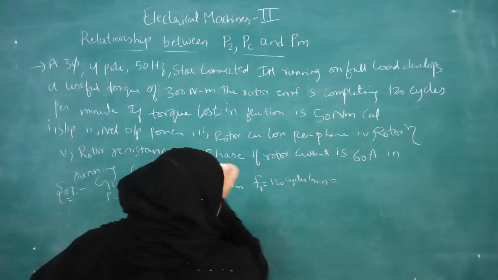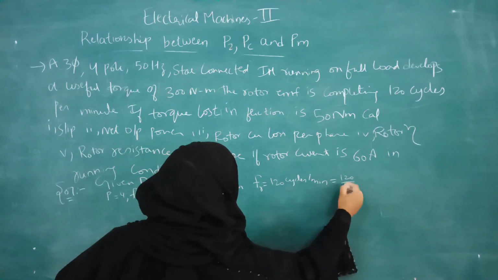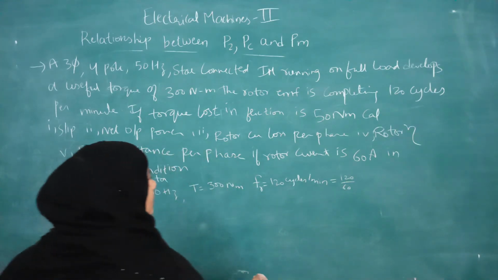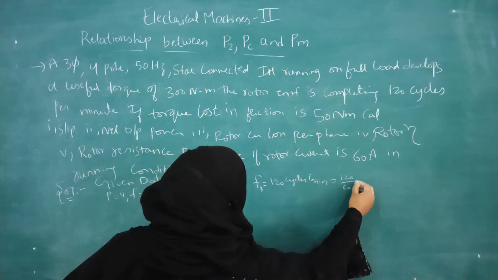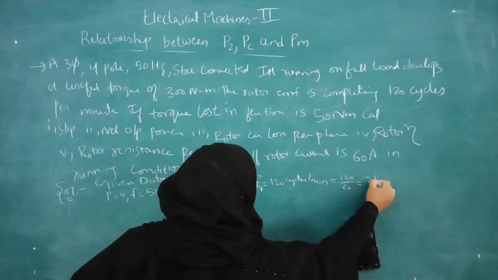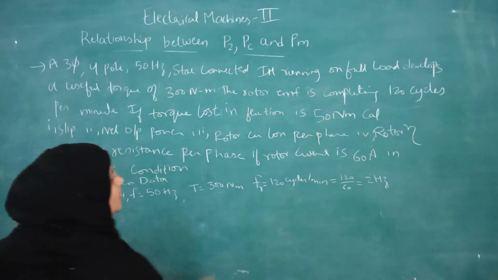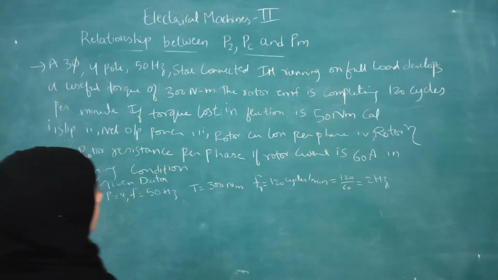So we can write this as 120 by 60 cycles per second, or cycles per second can also be called as hertz. So I can write here 2 hertz. First I am converting minutes into seconds, then I am writing the value.